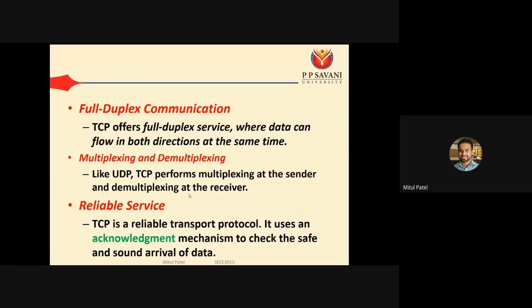Whenever we get the acknowledgement of our data transmission, then we can say that our data has been transmitted. So TCP is a reliable transport protocol. That means we require an acknowledgement for each and every transmission.